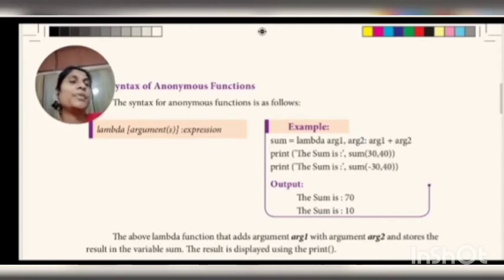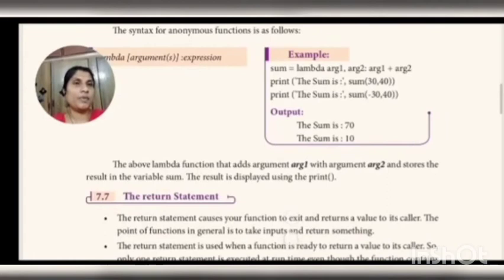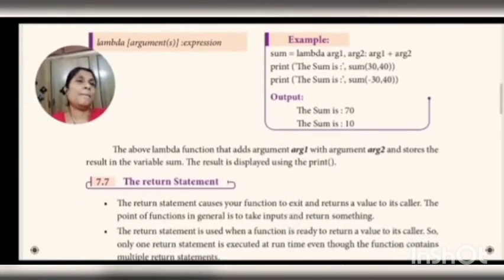It will display the string "the sum is", and then again we call sum. This time it is supplied with the values minus 30 and 40. So the output screen displays "the sum is 70" and "the sum is 10", because first we sent 30 and 40, these two are added and we get 70. Next we add 40 and minus 30, so we get 10.